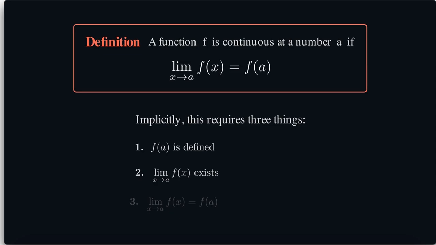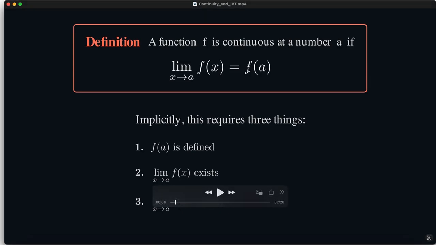It has to be well defined. And lastly, 1 and 2 must be the same. In other words, the limit and the function have to agree. Again, the function is defined, the limit exists, and they are the same.